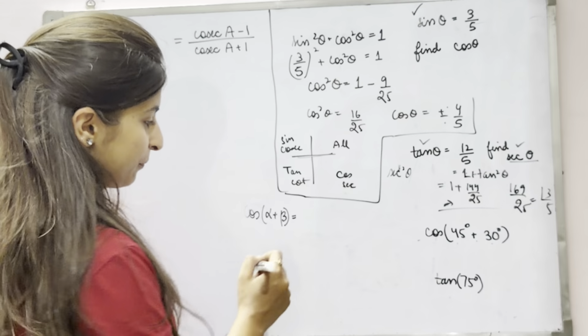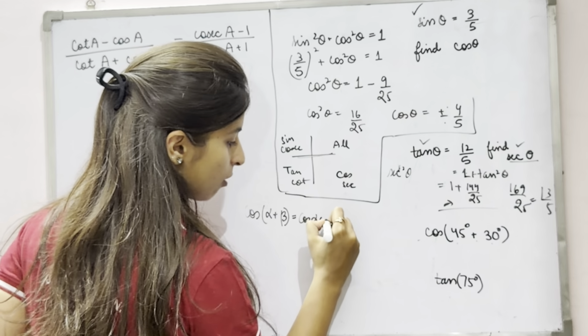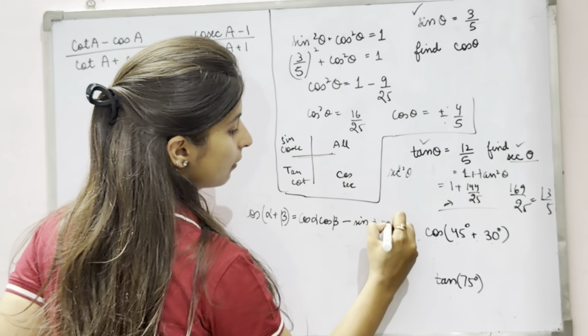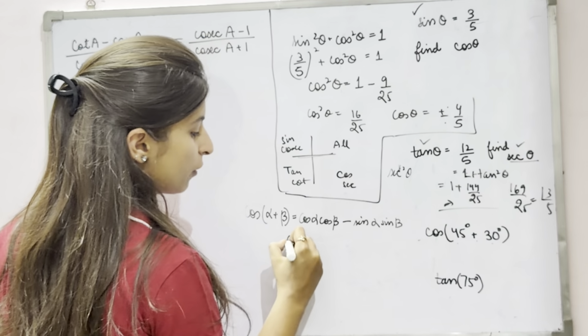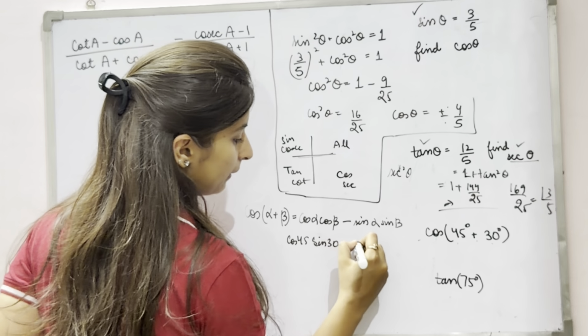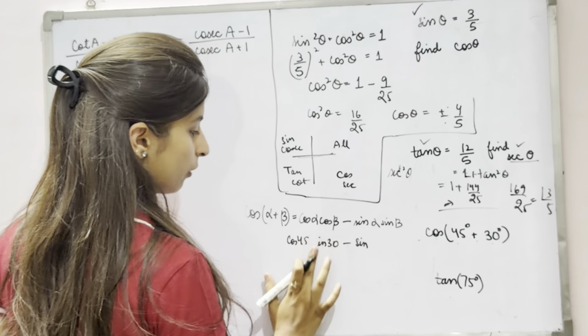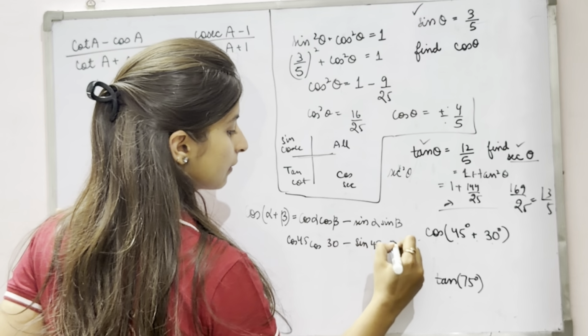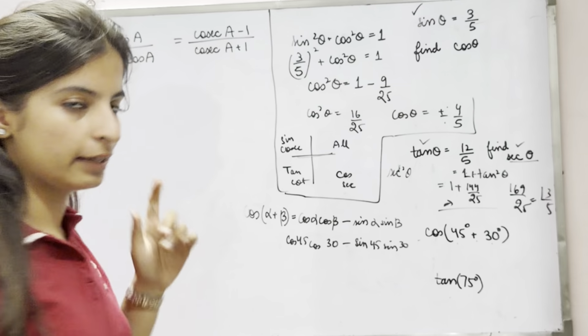No. So cos alpha cos beta minus sin alpha sin beta: cos 45 cos 30 minus sin 45 sin 30. You can put in the values and you'll get the answer.